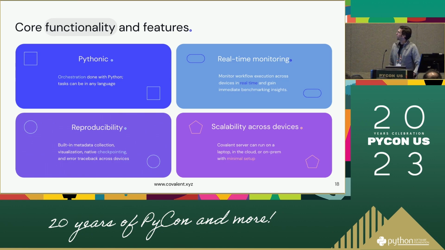We also support real-time monitoring of workflows. What this means is that as your workflow is executing across different devices and different platforms, you're actually able to monitor the status in real time in order to understand how your application is executing. If you're familiar with other scheduling tools, perhaps Kubernetes or Slurm or Dask, within each of those you can do this.